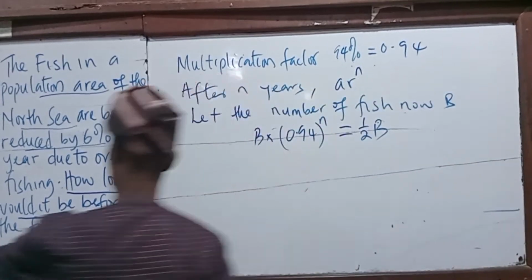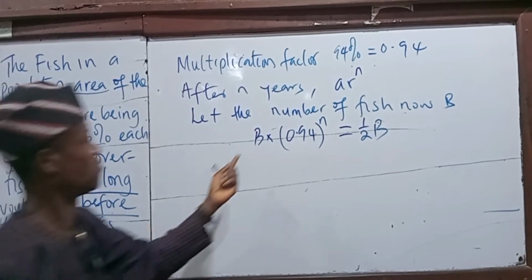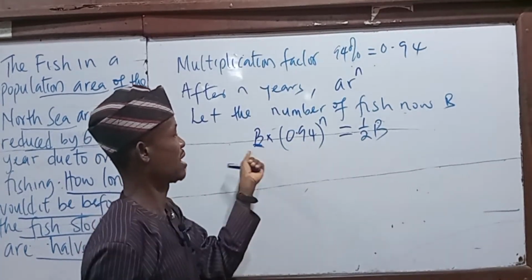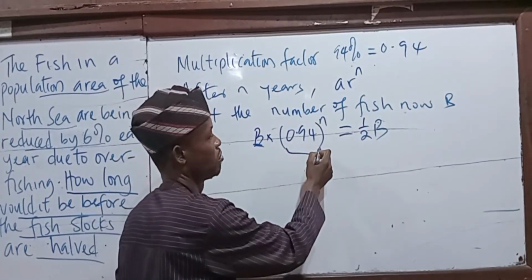So b is the number of fish which we don't know, the initial number of fish, and 0.94 is the multiplication factor.